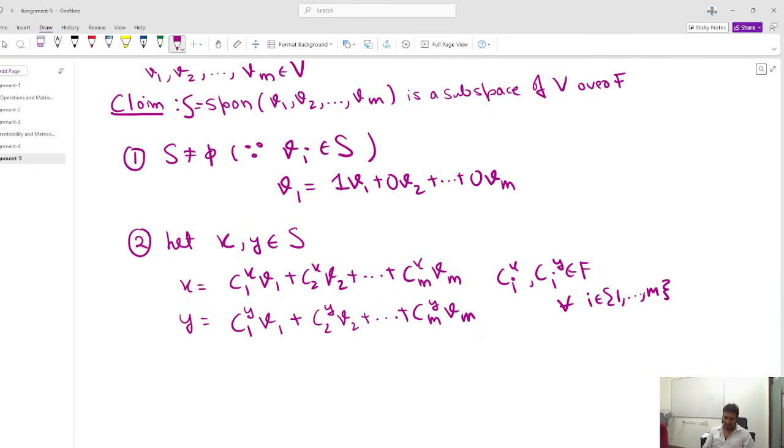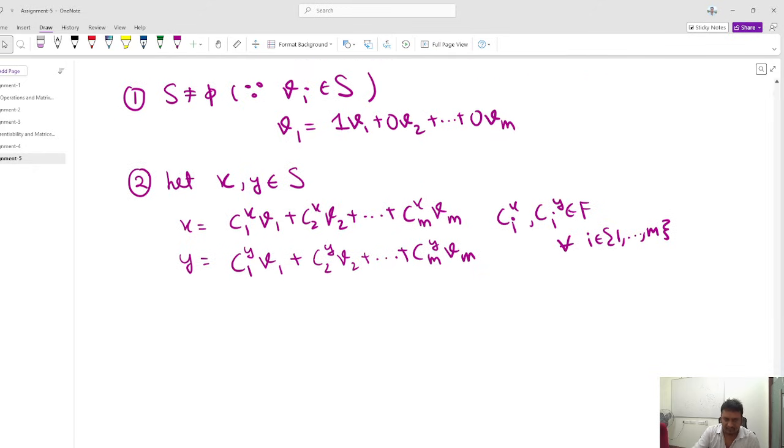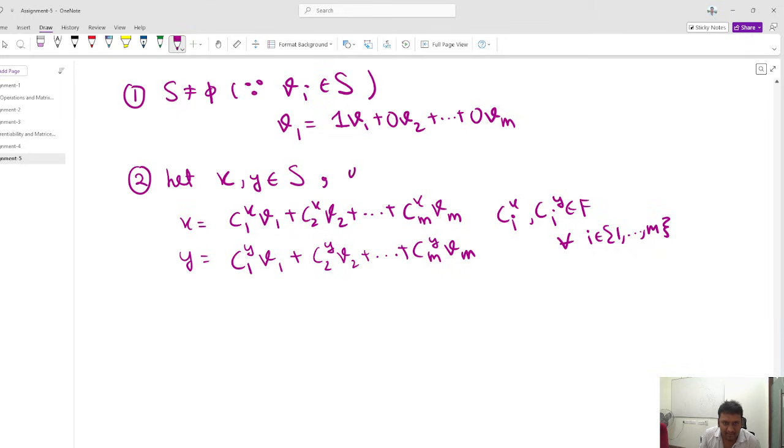Okay? Now, let us verify both of the properties together, and let alpha belong to F be arbitrary. So what is x plus y, guys?